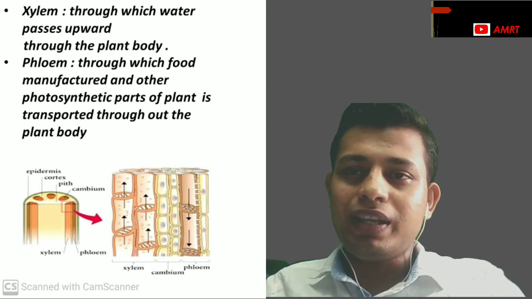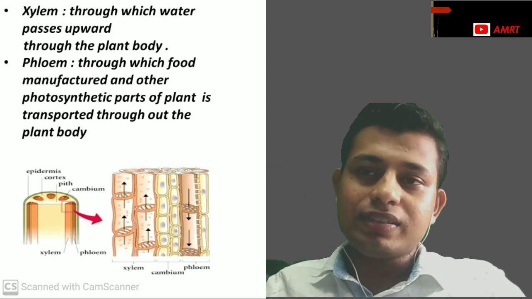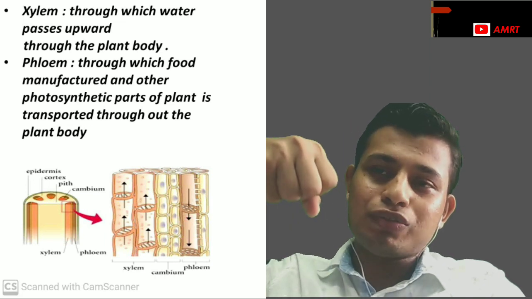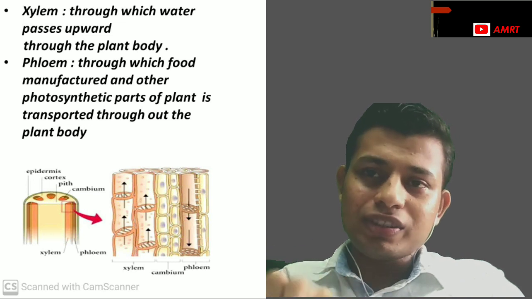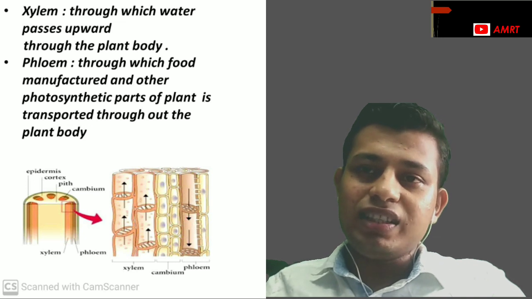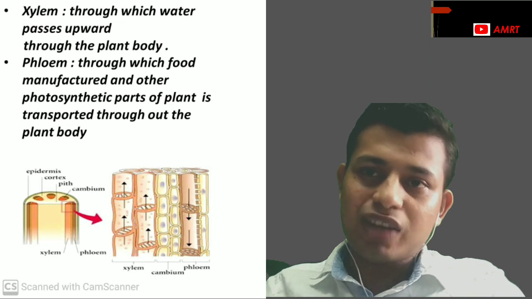What is the meaning of the arrow in the upward direction? It signifies that upward transportation of water is going on. But just the opposite, in the phloem you can see the arrow in the downward direction.